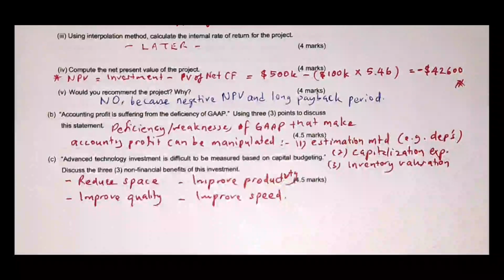But the problem is, most of the time the benefits from investing in advanced technologies cannot be calculated in terms of dollars and cents. For example, here I have explained at least 4 factors and non-financial benefits of investing in advanced technology.